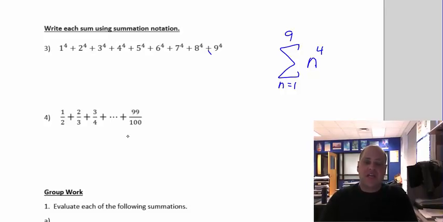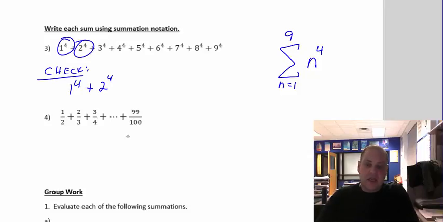Now, what I want you to do is test out why this works. Because it's the first one, you might be like, whoa, where did he get that from? But you'll see what I'm talking about once you plug it in. So to check it, just to make sure we're right, start at 1 and plug it in. 1 to the 4th. See? Now what comes after 1? 2. All right. Plus 2 to the 4th. Yep. That matches.